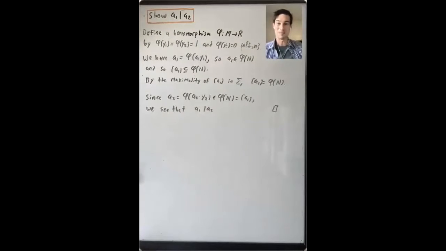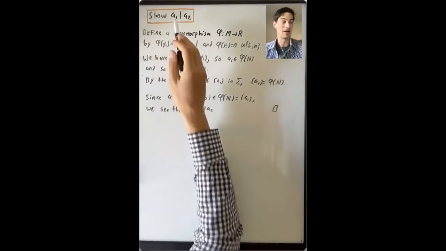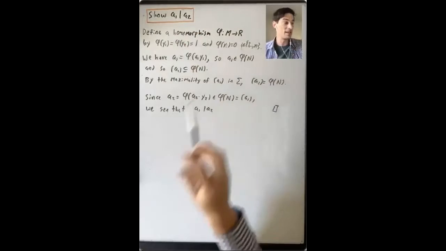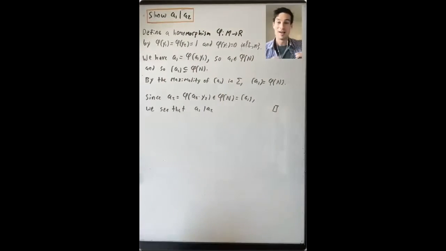The very last piece of the proof of theorem 4 is to show that a1 divides a2. We're going to do this by coming up with a clever homomorphism phi from M to R that is specified by where you send these basis elements y1 up through yn of M, that we now know we have.